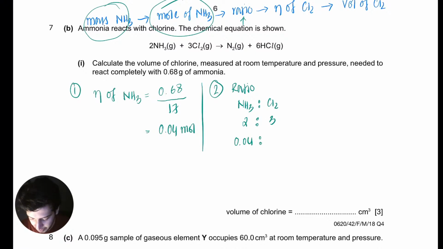I think it's going to be 0.06, but I'll calculate it anyway. Divide by 2 times 3. And yeah, I made a mistake. Wait, no, it's going to be 0.04 divided by 2 times 3, and this is 0.06 moles. These are moles. So I found out these two.